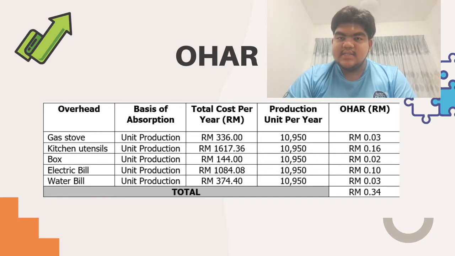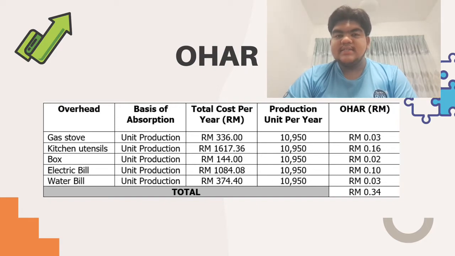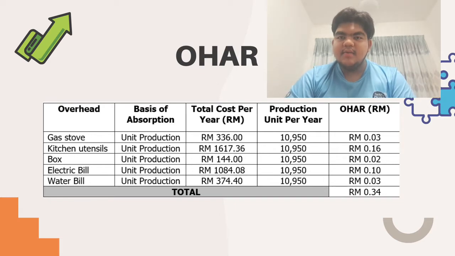Next is kitchen utensils, with total cost per year of RM1617.36. Production unit per year of 10,950 with our OHA of RM0.16. Next is box with total cost per year of RM144.